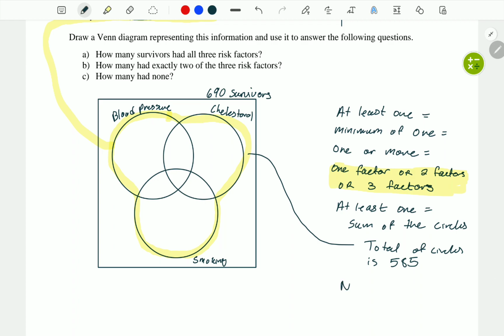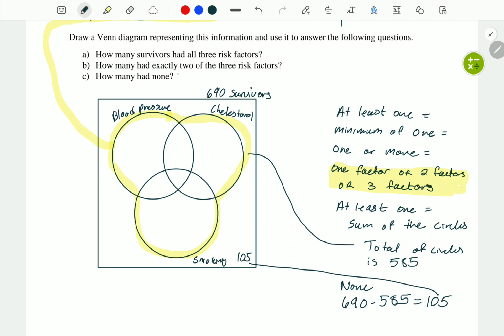So to find none, you subtract 690 minus 585, which equals 105. And this goes right here.